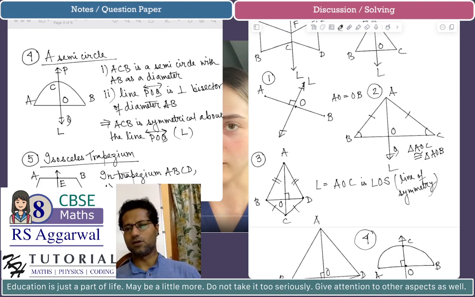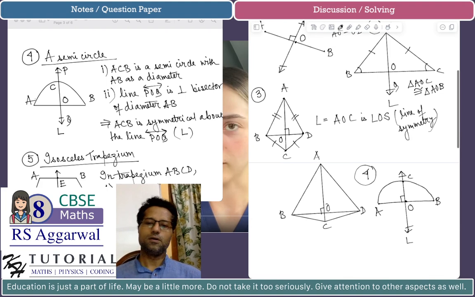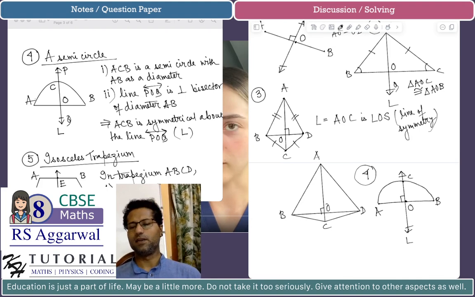An isosceles triangle ABC, where AB equals AC, also has only one line of symmetry, which is the line that bisects the angle A. In this example, the line AQ is the line of symmetry for this isosceles triangle ABC, where angle B is equal to angle C, and the line of symmetry bisects the angle A. For a kite also, it has only one line of symmetry, and it will be one of the diagonals.